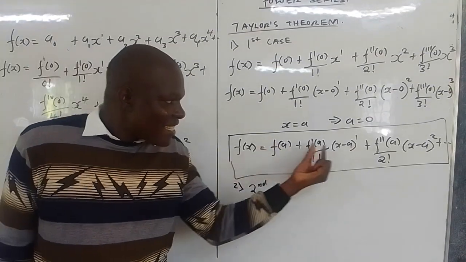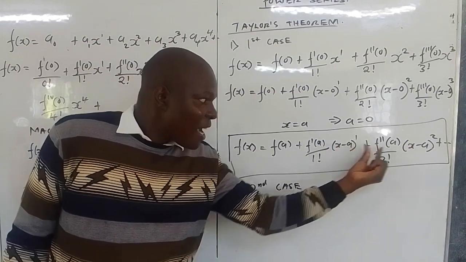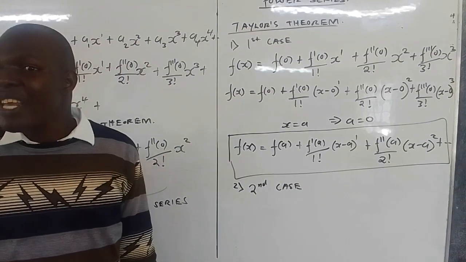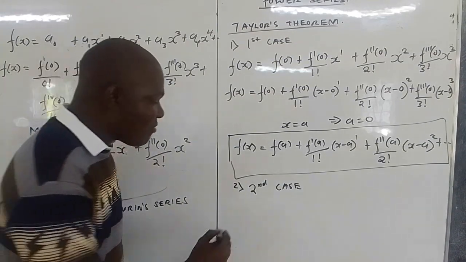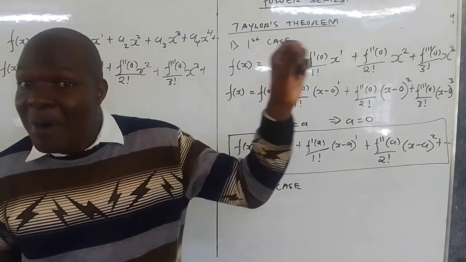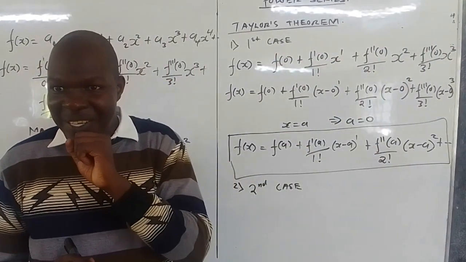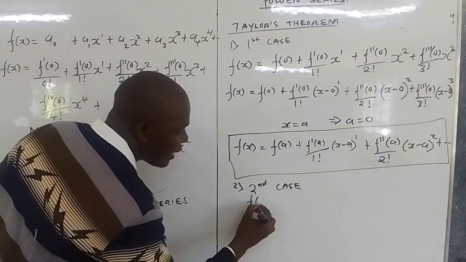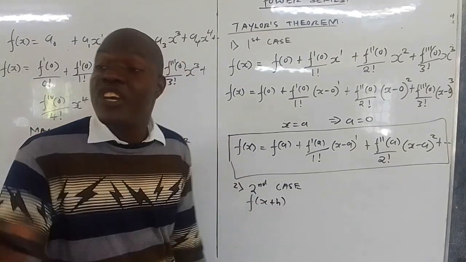This Taylor series is at a point, we have here x minus a. So if we want ascending powers of h, because you will hear them telling you, expand the function f of x plus h up to the term in h cubed, meaning the ascending powers are now for h. Are you seeing that? So how do we expand a function f of x plus h in the Taylor series?